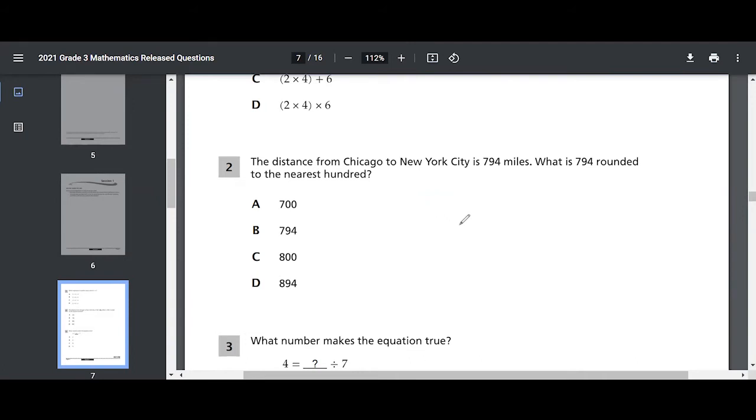We know that if the number is 5, 6, 7, 8, or 9, the rule of thumb is to round up.